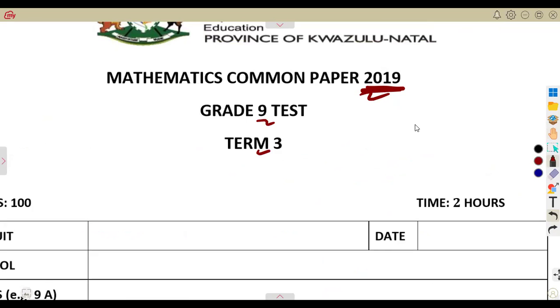The other part, we have to consider the geometry of straight lines and the geometry of 2D shapes. If we have a recent question paper that has those, we shall work on it. For now, we can just work with what we have. I just took the questions that we can answer according to what we have done in this term.